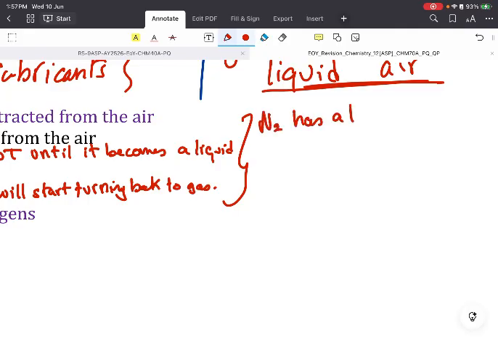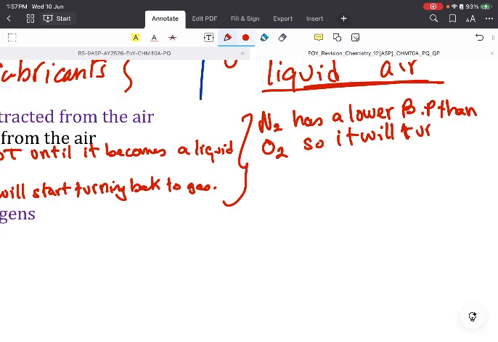Nitrogen has a lower boiling point than oxygen, so it will turn to gas before oxygen. Once nitrogen has turned back to gas, anything remaining is oxygen.